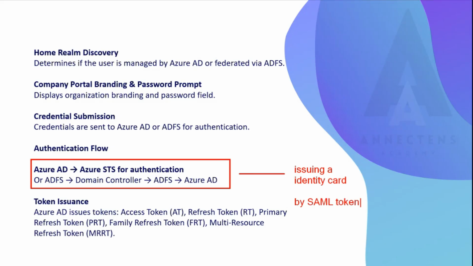Straight away answer, if anyone asks what is happening during the authentication flow when the user enters the password and what happens next: if the user belongs to on-prem, then it will go to the forest and check the federation services. From there, it will connect to the domain controller. The domain controller will check and identify, and it will issue a SAML token, and that SAML token will be sent to the device.